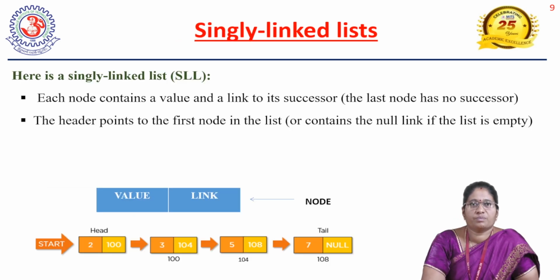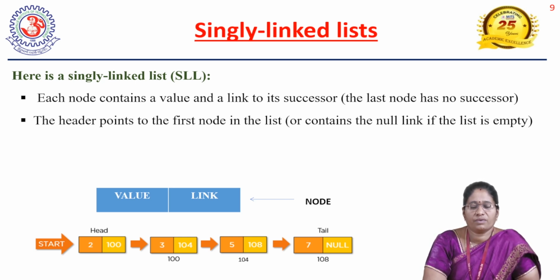So what is meant by a singly linked list? Alternatively we can say SLL, single linked list, or singly linked list. The name itself tells you that singly means a single connection. So you connect from one node to another; that is called a single linked list.